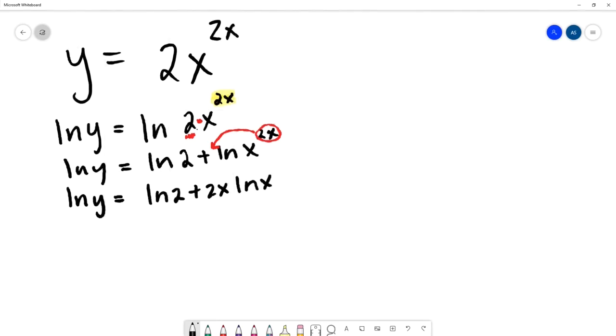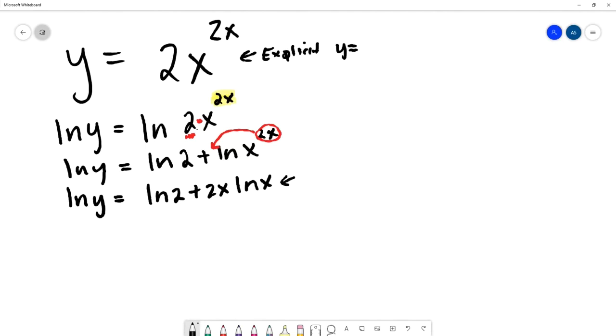So far I've used algebra properties and log properties to simplify the equation. But we've rewritten the equation in what's called an implicit form. It started off with an explicit form. Explicit is when you have one variable in terms of the other, so that's y equals.